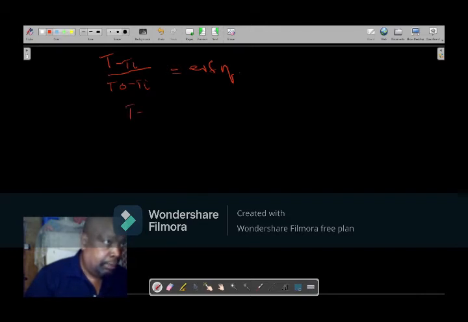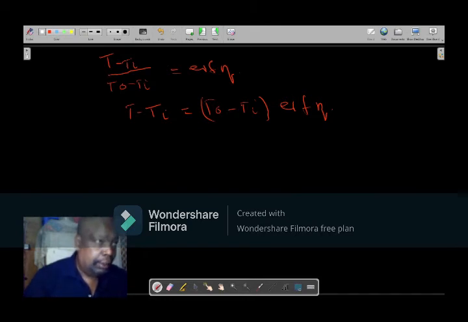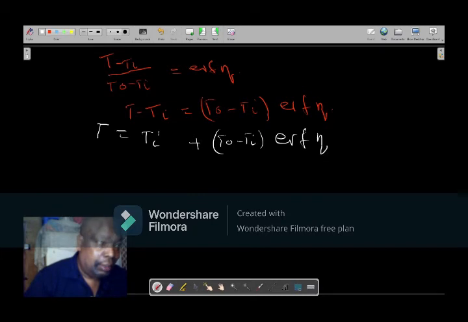Now T minus Ti is equal to (T naught minus Ti) times the error function of eta. Now we can say that T is equal to Ti plus (T naught minus Ti) times the error function of eta.